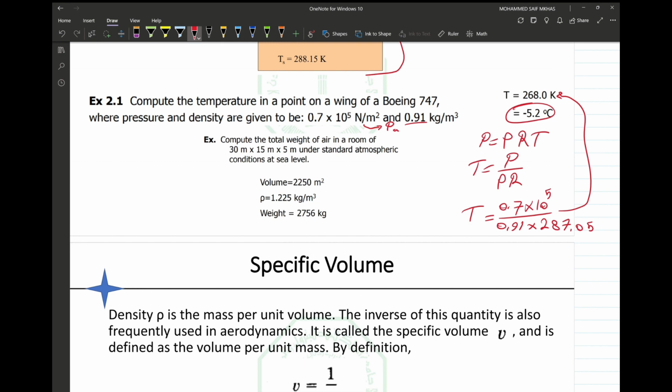To convert it to Celsius, you only subtract 273.15, I think, I'm not sure.